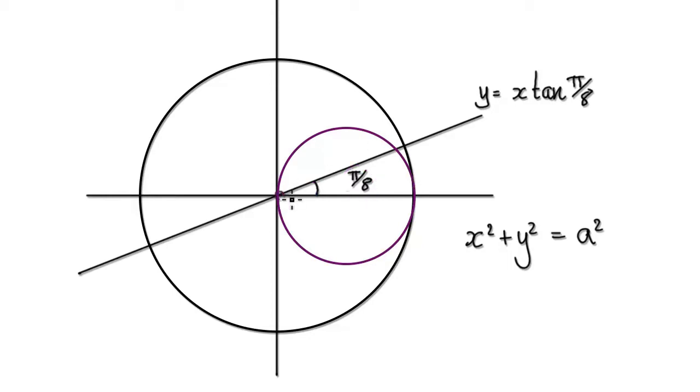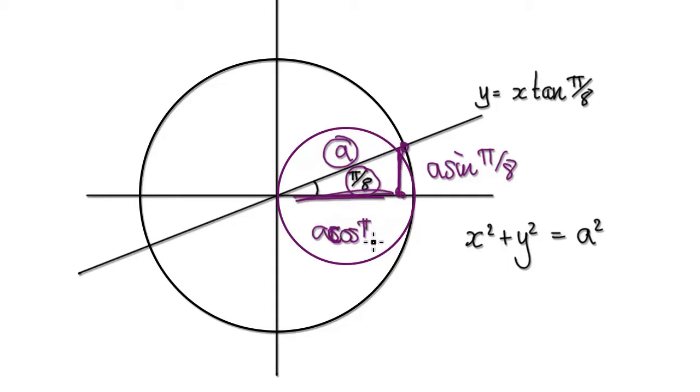The radius of a circle is a. If you want to know the gradient, it would be the height divided by the across. The height here, given the angle and the radius, would be a sine pi over 8. The across here would be a cos pi over 8.